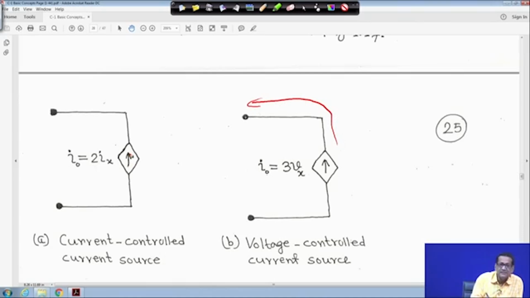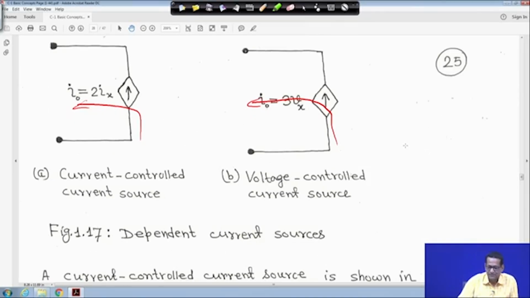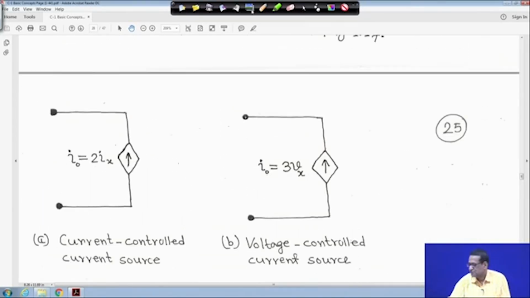If it is a downward direction, then naturally it will be reversed, and the direction will be the other way. So this is the meaning of upward. So this is the current source.